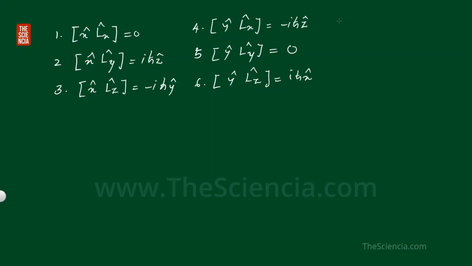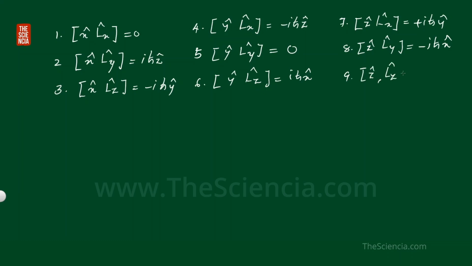And other combination, that is z cap L x cap, you will obtain as minus i h cross y cap, and z cap L y cap you will obtain as, sorry, this one is plus, and this one you will obtain as minus i h cross x cap, and ninth one, that is z cap L z cap, you will obtain as equal to 0.